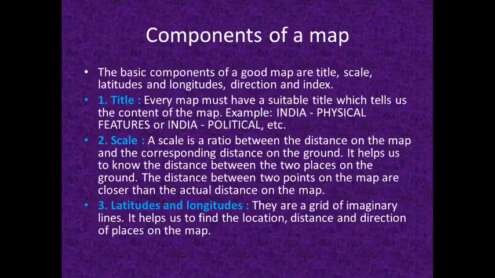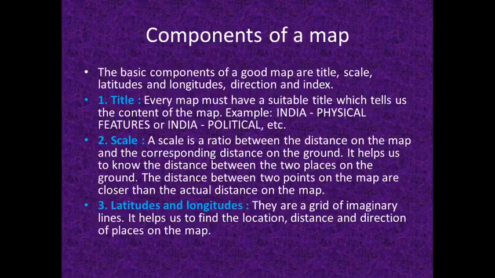Now let us go to the components of a map. The basic components of a good map are its title, scale, latitudes and longitudes, direction and index. Title. Every map must have a suitable title. For example, India physical features or India political, etc. Scale.